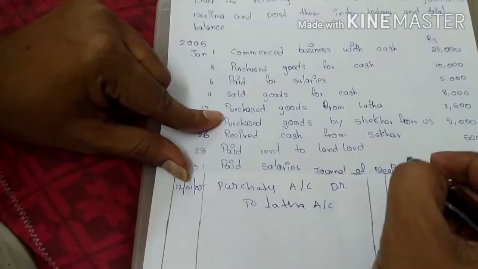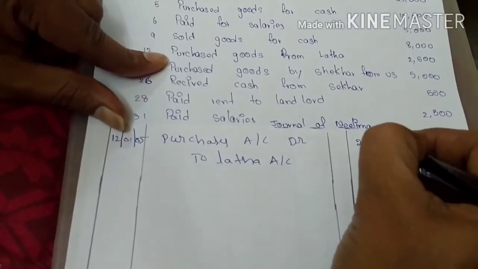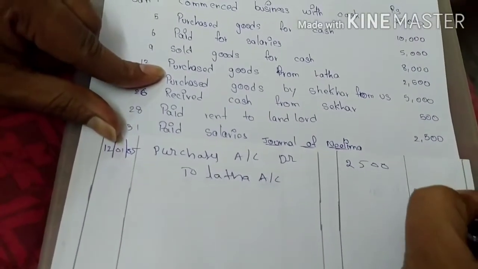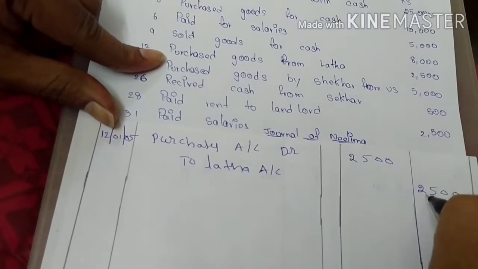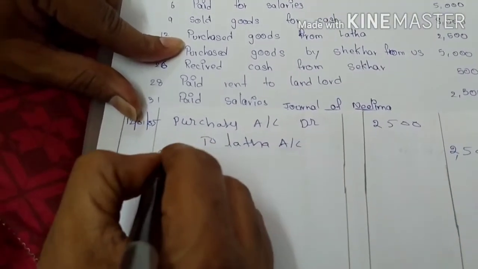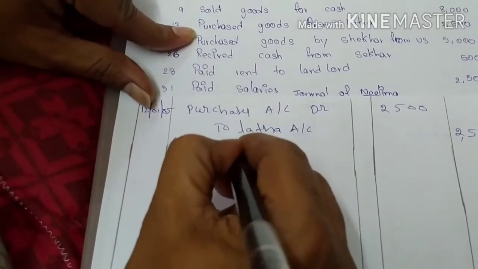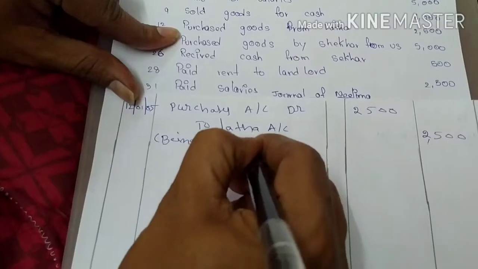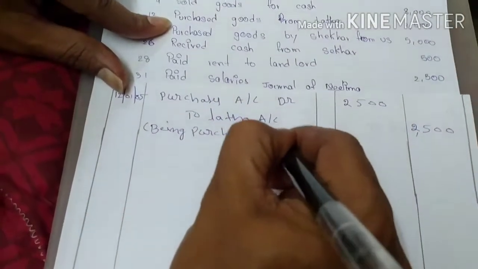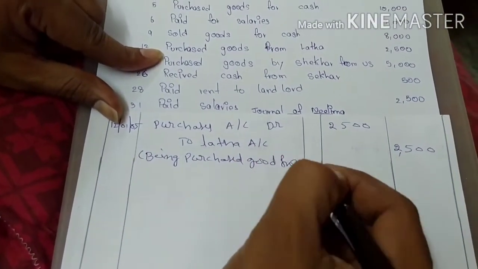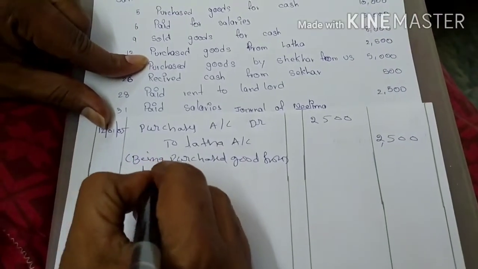The purchase is 2,500 rupees, 2,500 rupees. Being purchased goods from Lata.